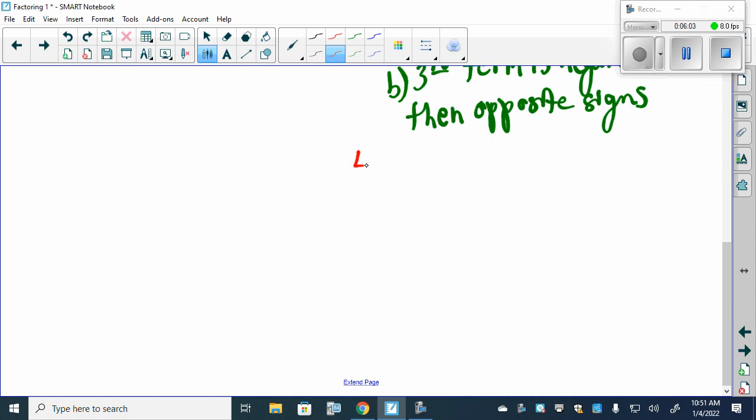Our fourth step is to find the factors of the first and third term.